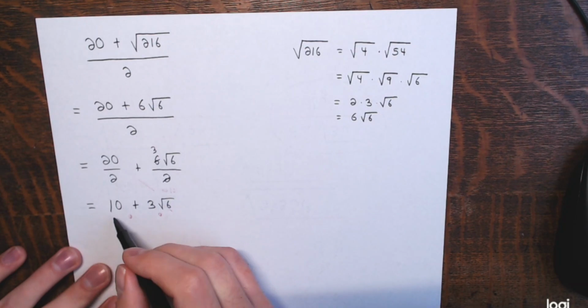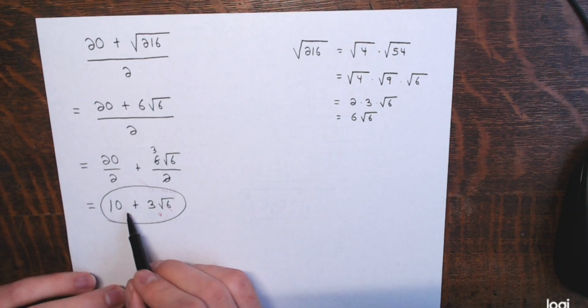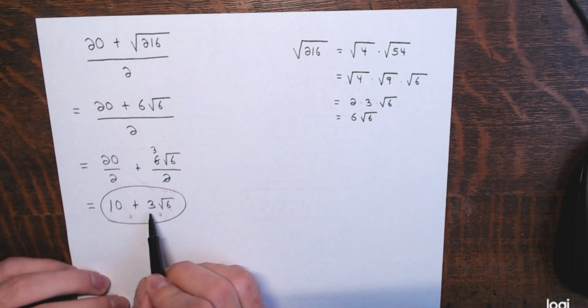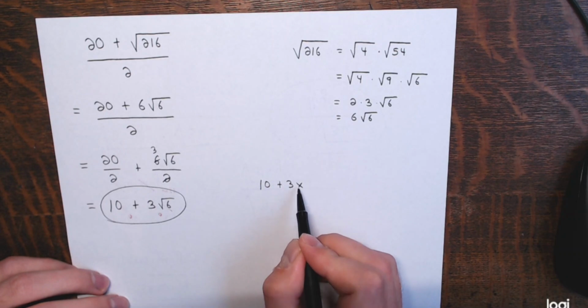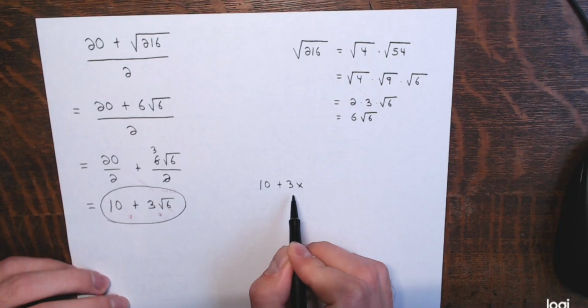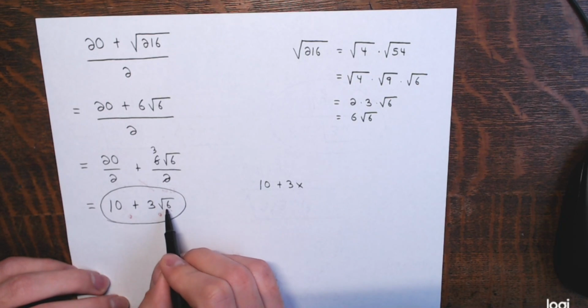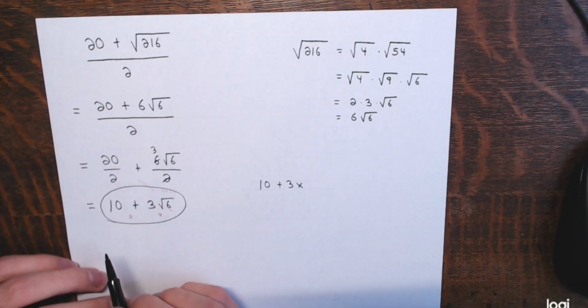And then this is it. All right, and please don't add these either. It's like 10 plus 3x. Right, 10 plus 3x. You wouldn't add these together and make 13x. These are not like. One has a square root of 6 attached, the other one does not. So this is as simple as it gets.